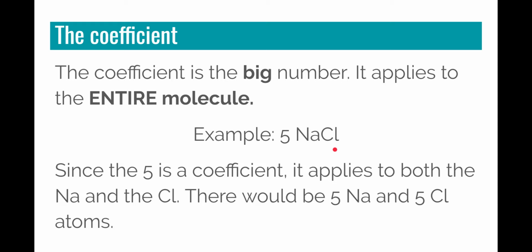The coefficient is the big number that's in front of the whole molecule. Because it's a coefficient, it applies to both the Na and the Cl. That means in this molecule, we would have 5 Na and 5 Cl.